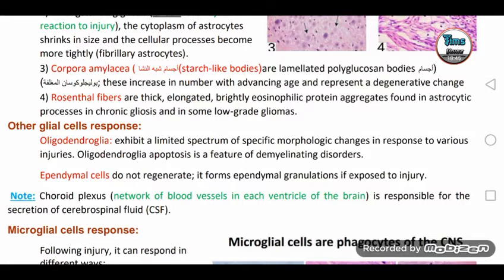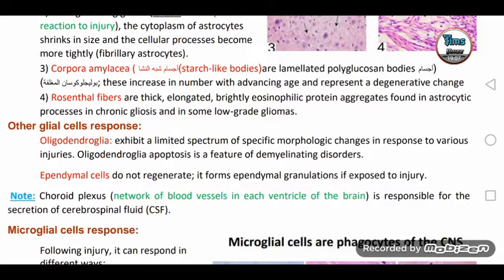They don't change completely like the astrocytes. We can't observe the change very clearly because it is so limited. There are not as many changes as in the astrocytes. So the oligodendroglia exhibit a limited spectrum of specific morphologic changes in response to various injuries.